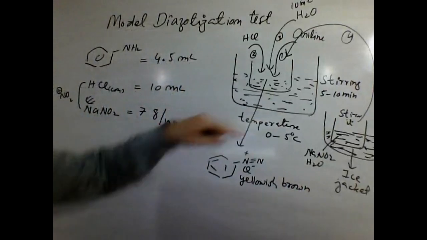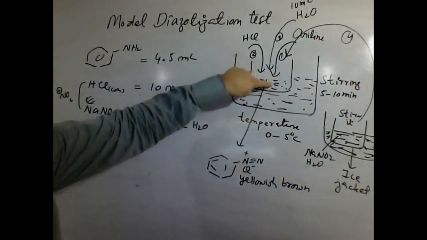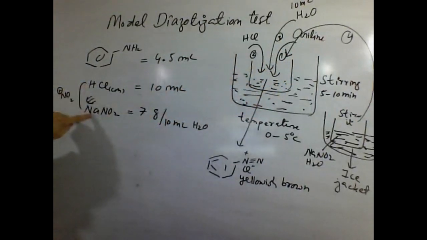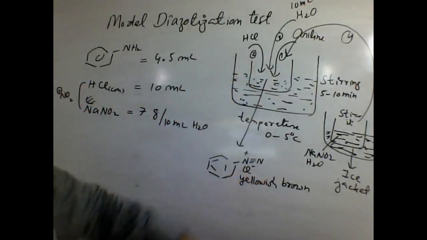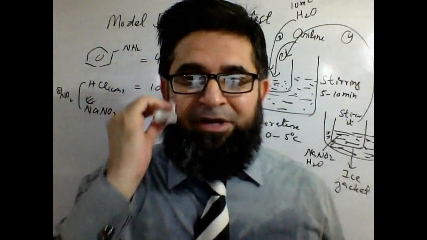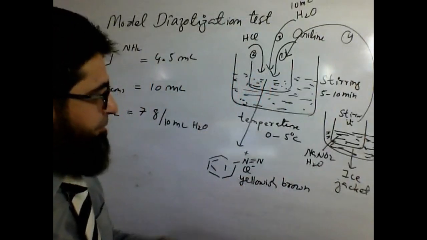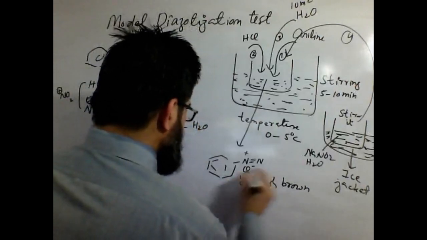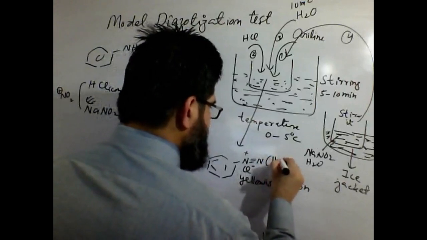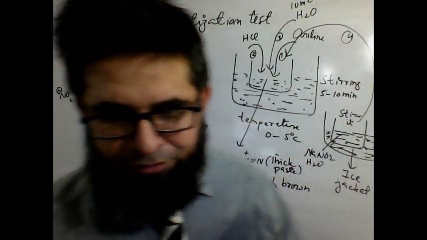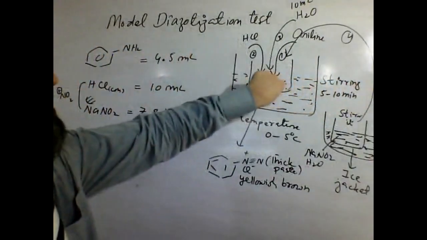In this beaker, the aniline was present. It undergoes reaction with HCl and sodium nitrite. As a result, the diazonium salt will be produced. The formation of diazonium salt will be confirmed by the appearance of a yellowish brown color of the thick paste. This salt is a thick paste of yellowish brown color inside the beaker.